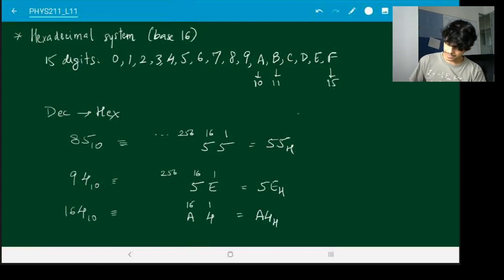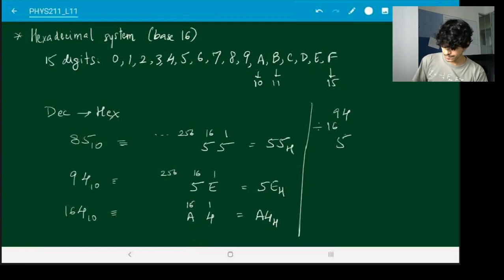You can also do something similar to the double dabble method that we've discussed. So let's go back to this example of 94. So you start with 94. Now instead of dividing by 2 like we did for decimal to binary, you always divide by 16. So when you divide by 16, you get 5 and a remainder of 14.